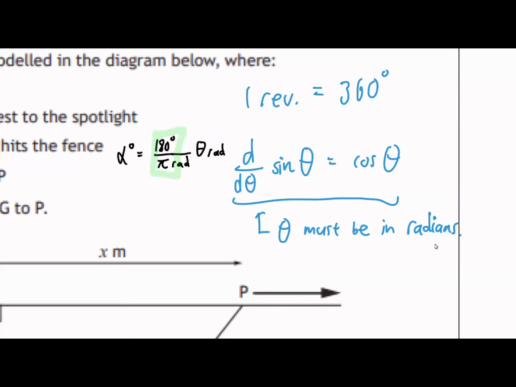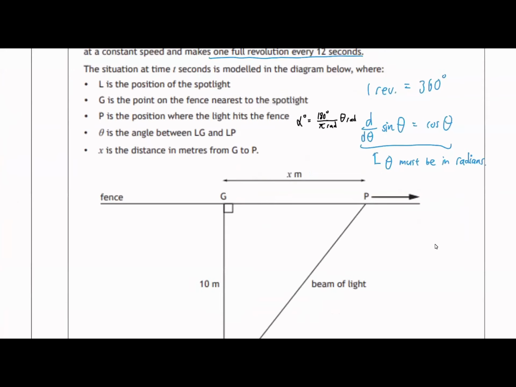So that means that if you try to differentiate d alpha with sine of alpha, where alpha is in degrees, we need to use chain rule. Differentiate sine, you get cosine. The inside remains the same. But now alpha is a function of theta.